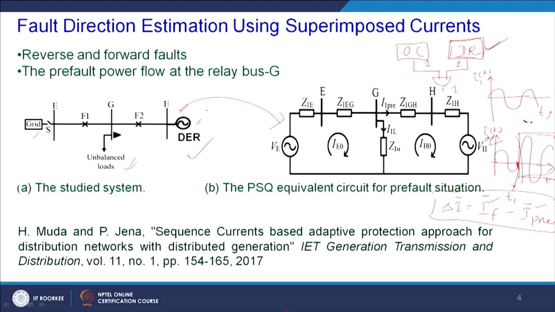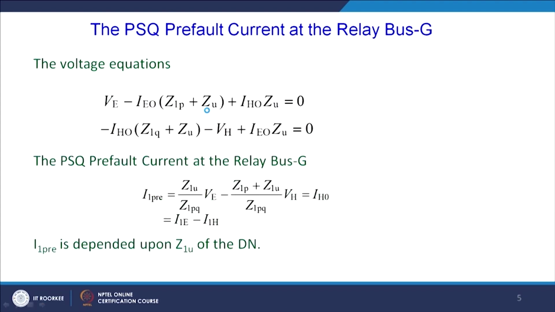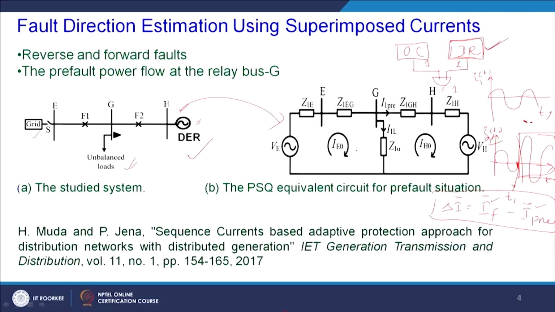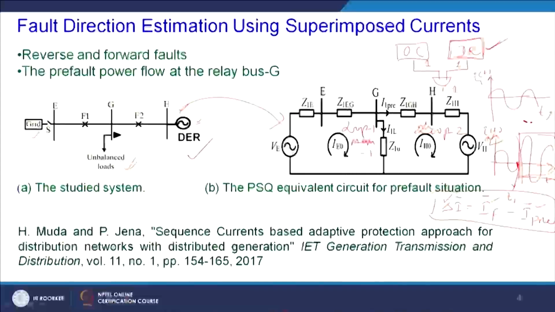Now, you see that we have taken this mesh network, this is my mesh 1 or loop 1, and this is loop 2. By considering these two loops, we have to solve to get the I pre current and the I fault current, because we have to calculate the superimposed component of the current.